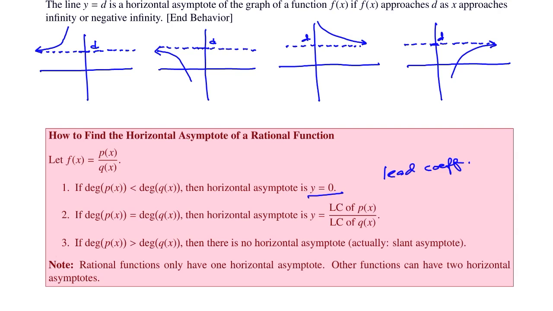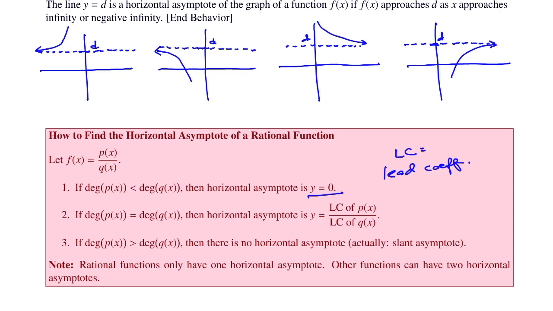Okay, so LC stands for lead coefficient. Finally, number three, if the degree of p of x is greater than the degree of q of x, then you do not get a horizontal asymptote, but you will get some other type of asymptote.